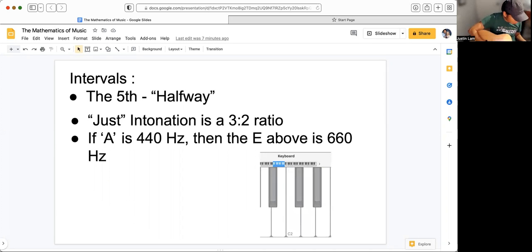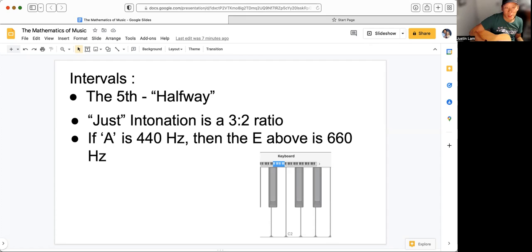Another idea between the intervals is the fifth interval. Sometimes I'll hear an E, and I'll think, what is halfway away from that, and that'll sometimes be the B here.